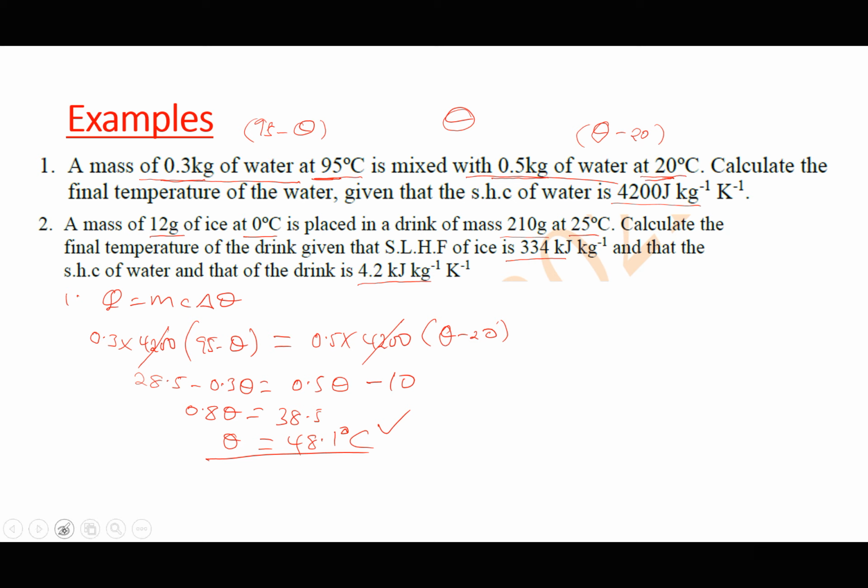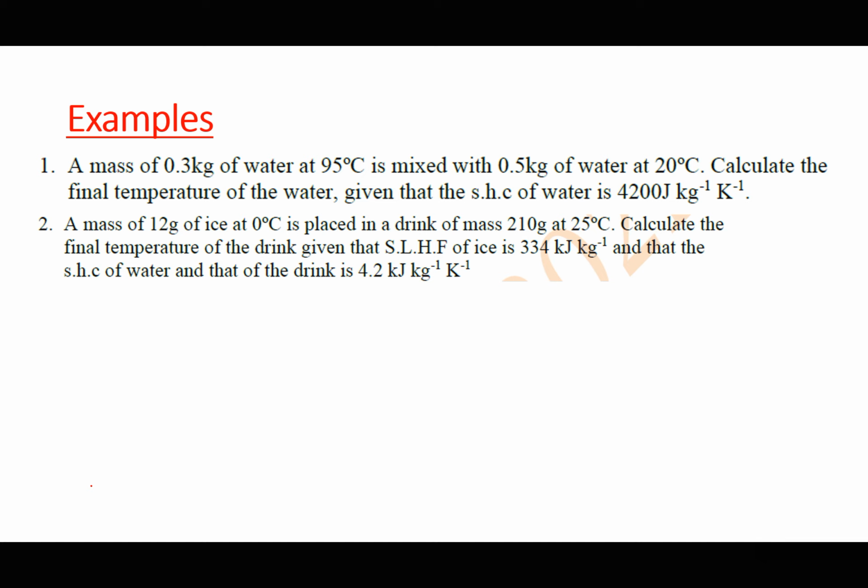I want to rub off this so that I use it for question number 2. So for question number 2, in our solution, we have that the drink will lose heat. So heat or energy lost by the drink.